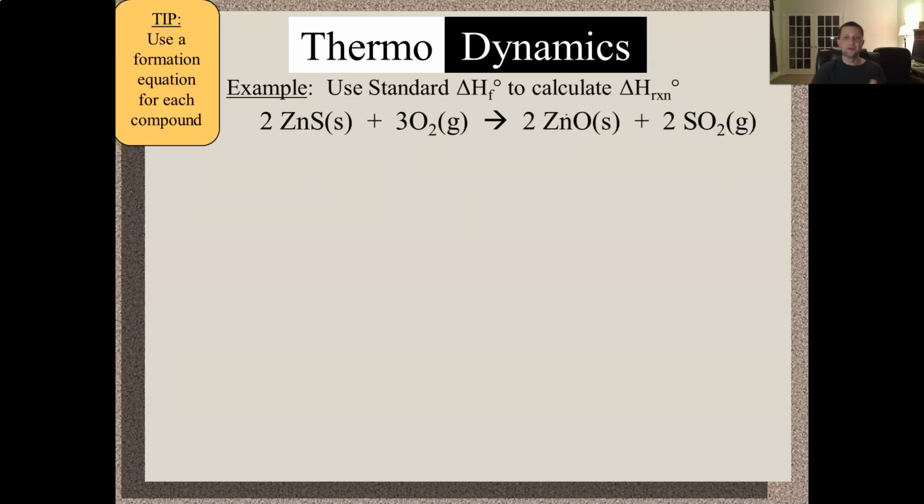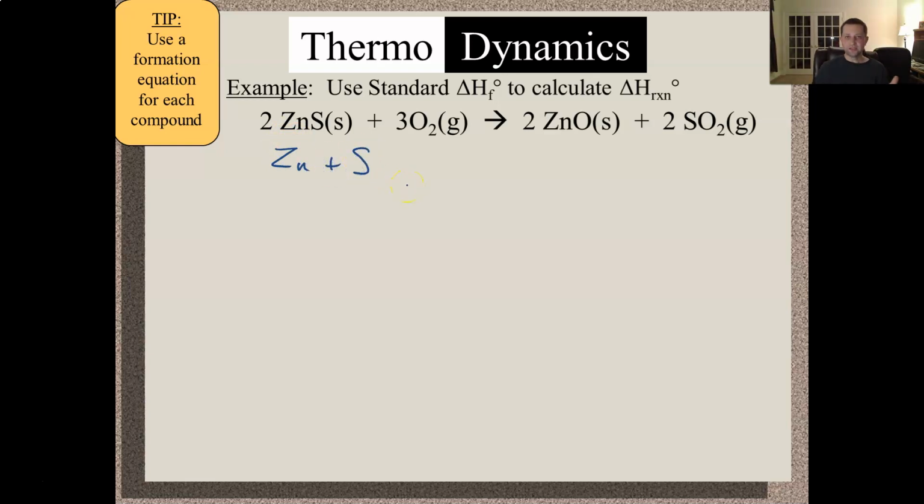Let's look at an example. Doing an example is a lot easier than me talking about it. So I want to find the enthalpy of formation under standard conditions for this chemical reaction. All right, so let's figure out what it is. We're going to start out by doing our formation equation for everything. Formation equation for zinc sulfide is what we're going to do first. So that is simply zinc plus sulfur.